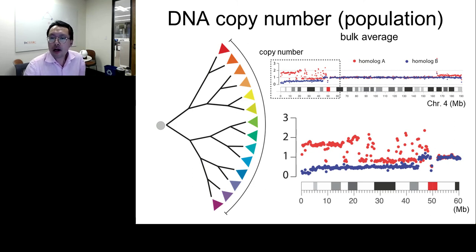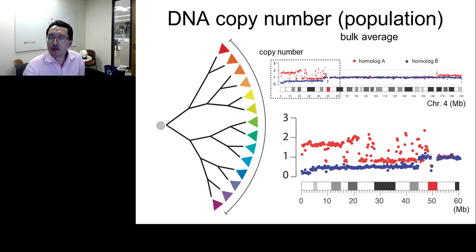Again, let's start from the population level, the bulk average DNA copy number in the population of cells. Shown here on top is the average DNA copy number of the red and the blue homolog, and the blow up of the P arm is shown in the bottom.